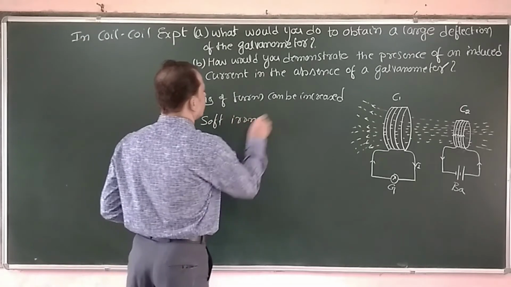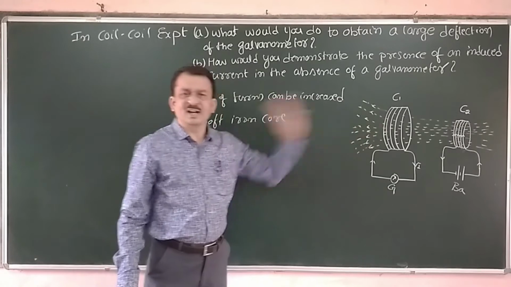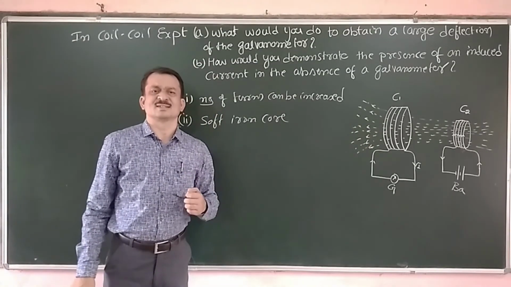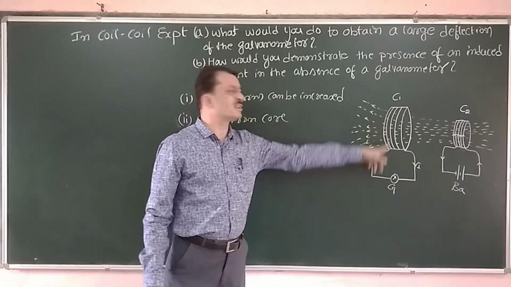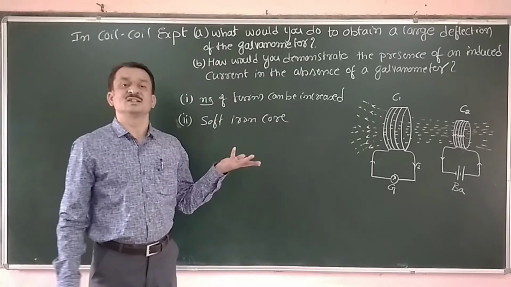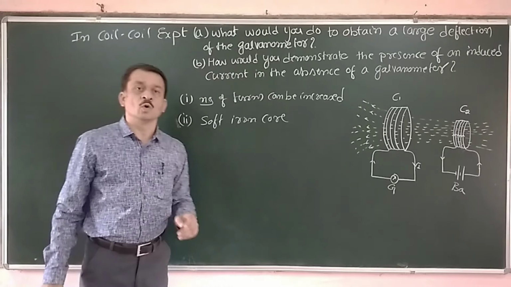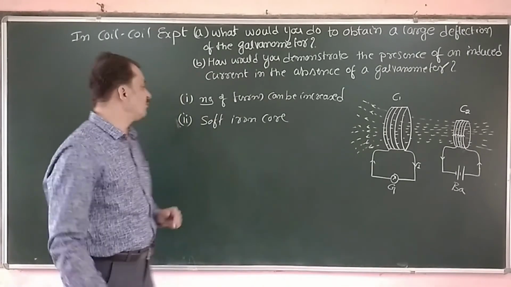A soft iron core is placed inside the coil C2. Now this obviously increases the magnetic field, and hence the magnetic flux linked with the coil C1 also increases. Therefore, the galvanometer shows more and more deflection. That is the second method of increasing the deflection.